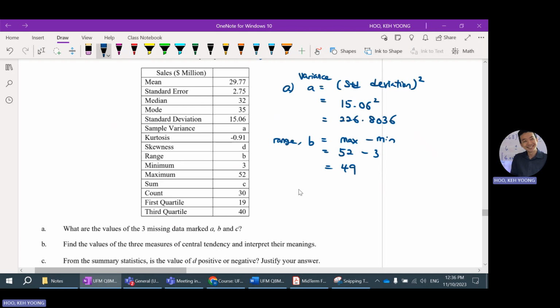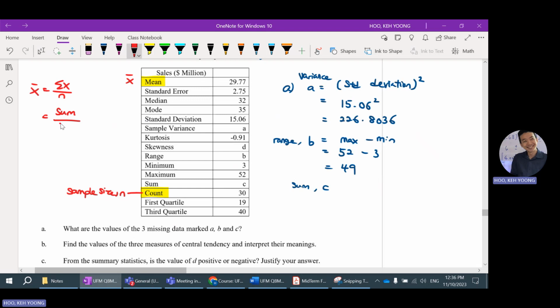C is the sum. How do I find the sum? We have the mean. We have the count. Count is your sample size. Mean is your sample mean. So we know that sample mean is equal to the sum total x divided by n. I want to find my sum.